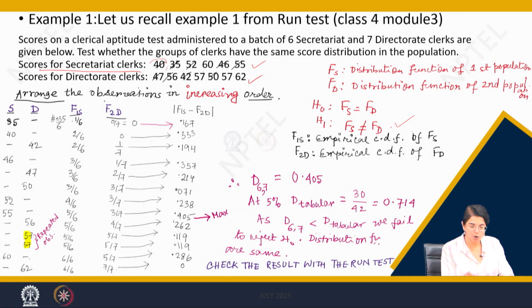Second smallest is 40. So we can write 40 under the column head S, but look at what I am writing under the column head D for 35 and 40. Because there are no observations equal to 35 or 40, we are leaving just a dash under the column head D. Clear?